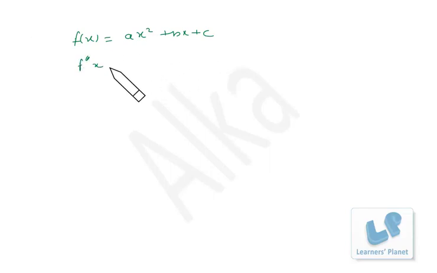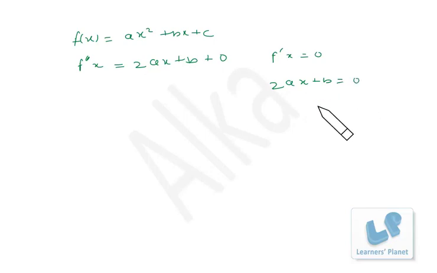This is the expression, this is the first derivative. So what will that be? 2ax plus b plus 0, right? So first step, what you have to do is equate f dash x is equal to 0. That means 2ax plus b is equal to 0. That means x is equal to minus b by 2a. So that is the first thing.